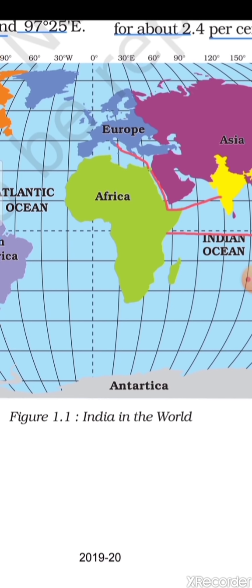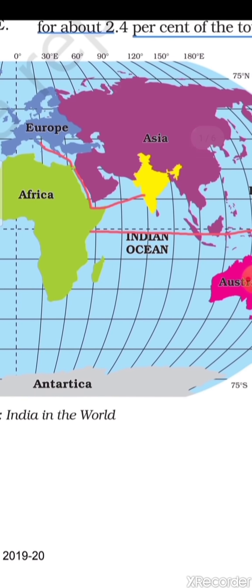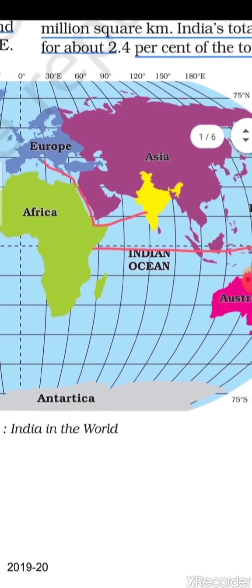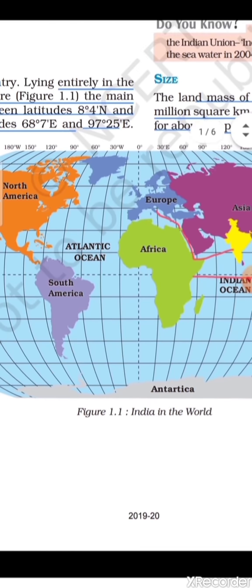The longitudes which are on the eastern side of the prime meridian, we read as eastern longitudes, and the longitudes which are on the western side of the prime meridian, we read as western longitudes. So both the longitudes are on the eastern side of the prime meridian. That's why we are reading them as eastern longitudes. I hope you understood it now.